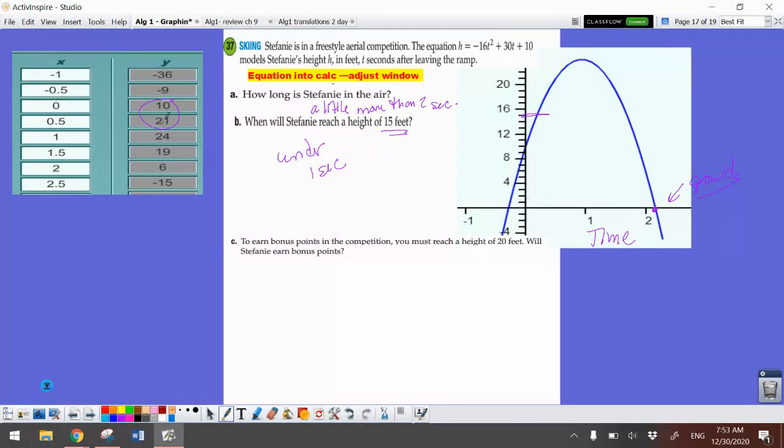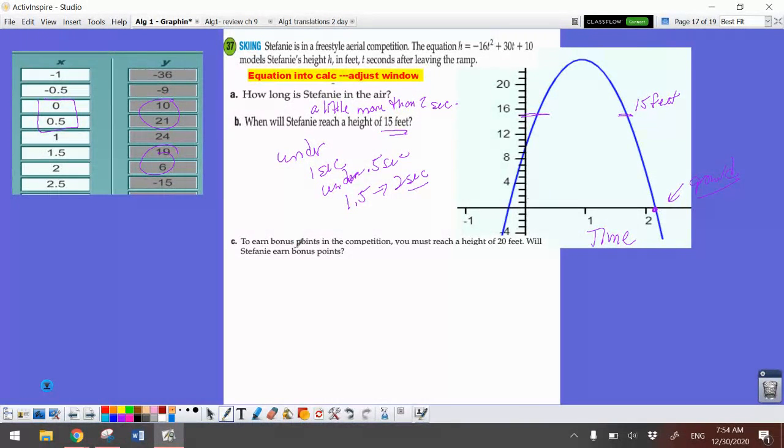Between 10 and 21 is my 15, so she's between 0 and 0.5 seconds from when she leaves the ramp where she hits 15 feet the first time. And she has another one on this side, between 1.5 and 2 seconds. So she actually has 2 points where she reaches 15 feet.